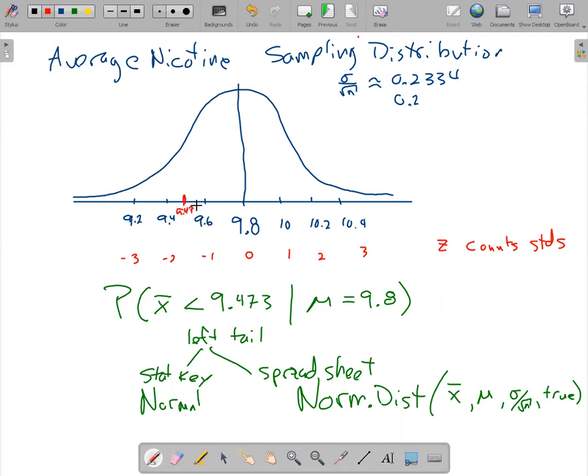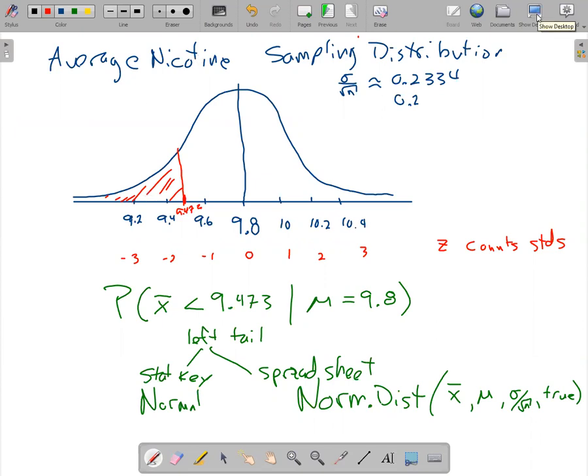And I want to know what is the probability of getting another sample of 47 with an average in this region over here. According to the empirical rule, I think that's going to be somewhere between 16% and 2.5%. So I'm going to guess that's like 7 or 8%, looking at it.